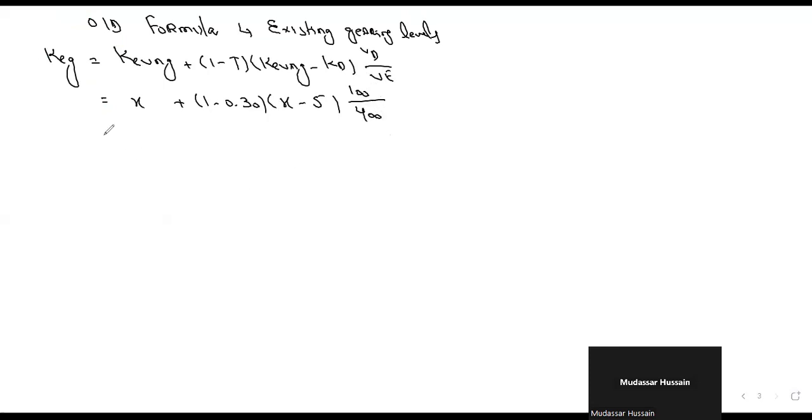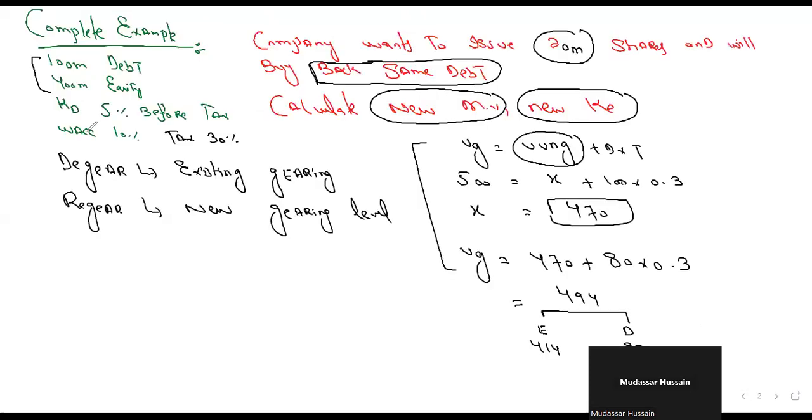But the problem is, we have not been provided the geared cost of equity. Until we have the geared cost of equity, how can we find the ungeared? So the examiner has provided you people in this question the WACC. This was the hint. This is an exam level example which I am solving here.